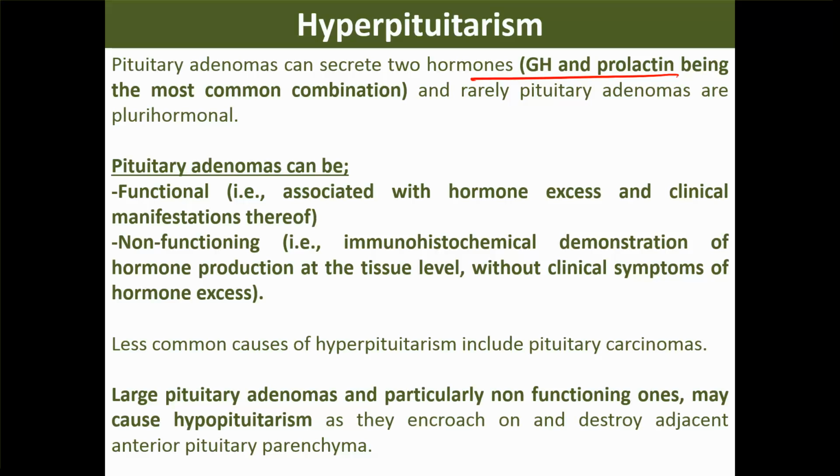And when you talk about adenoma, you should also remember the adenoma may be non-functioning. So we do a special stain, immunohistochemical demonstration of these hormones, and if they are negative, there is no hormone. Actually, mostly we don't go for extensive exploration.